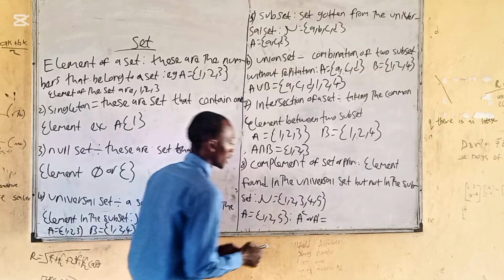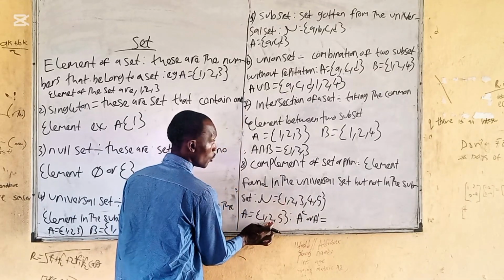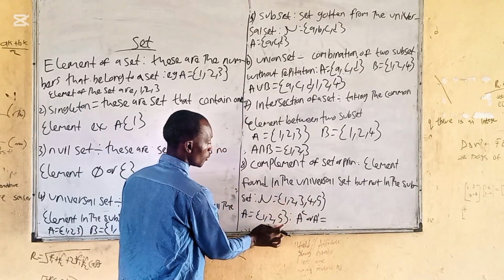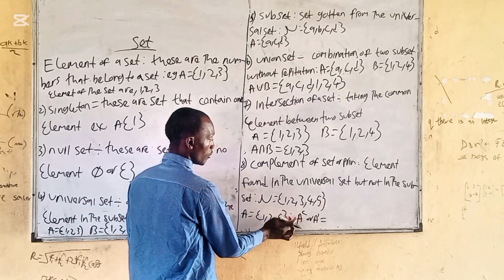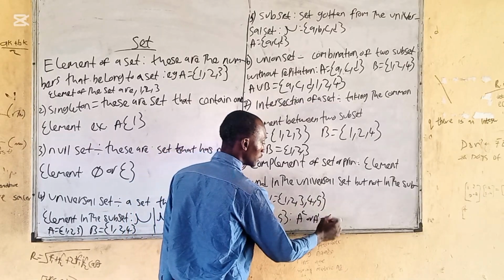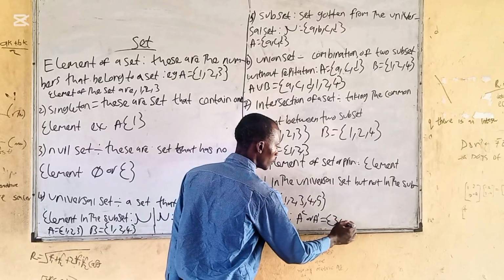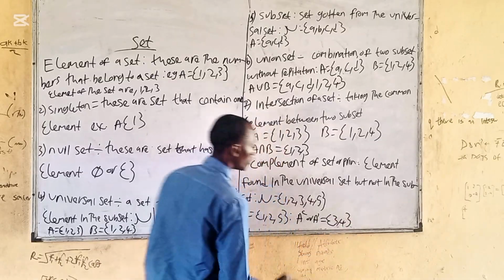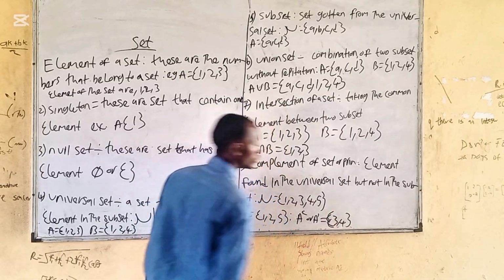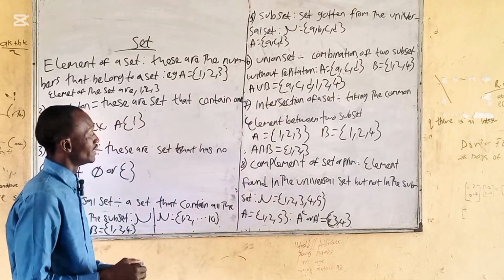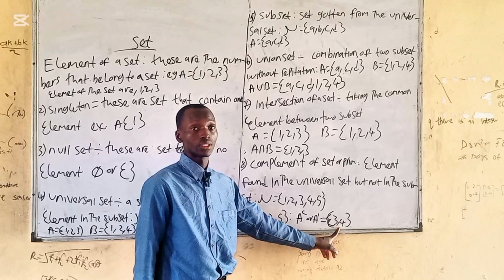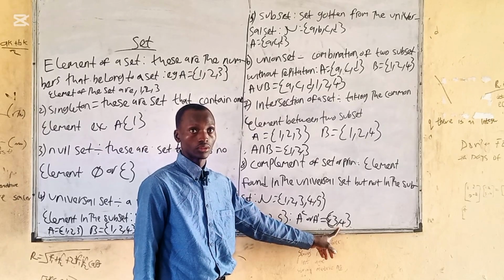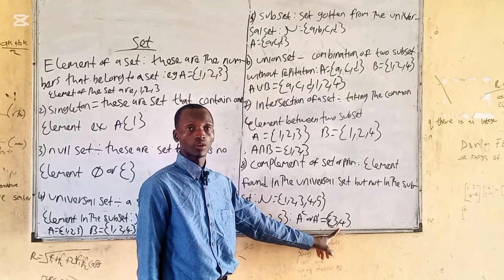Let's call those elements out. We have 1, we have 1. We have 2, we have 2. We have 5, we have 5. But we have 3 and 4, so I'm going to write it down: 3 and 4. Now, these are the complement of the set.